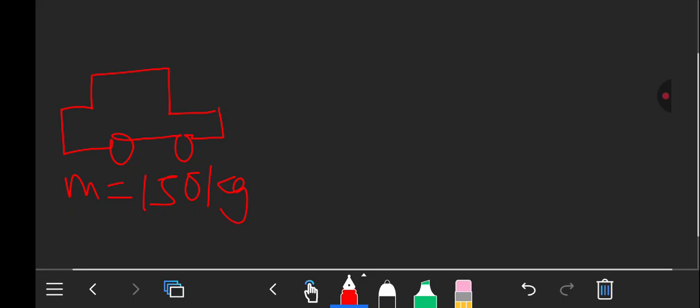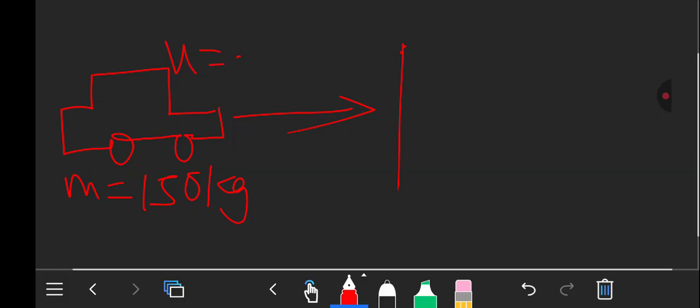Then the initial velocity of this car, let's say this car is moving.